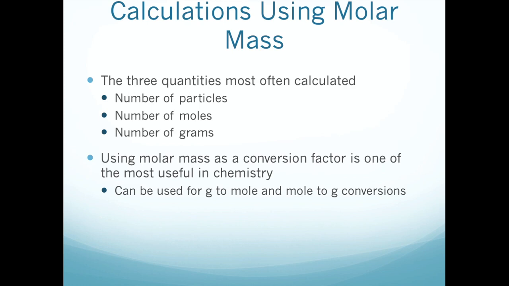If you can get this to be second nature, it's going to make a lot of these calculations a lot simpler and easier, not just for this chapter, but you'll see that we're going to do very similar types of conversions into and out of moles in the subsequent chapters as well. You're going to get very, very comfortable with this.